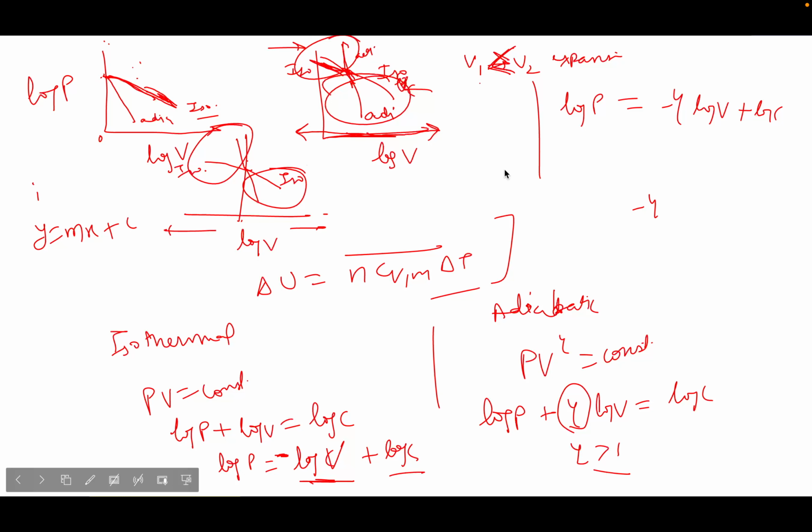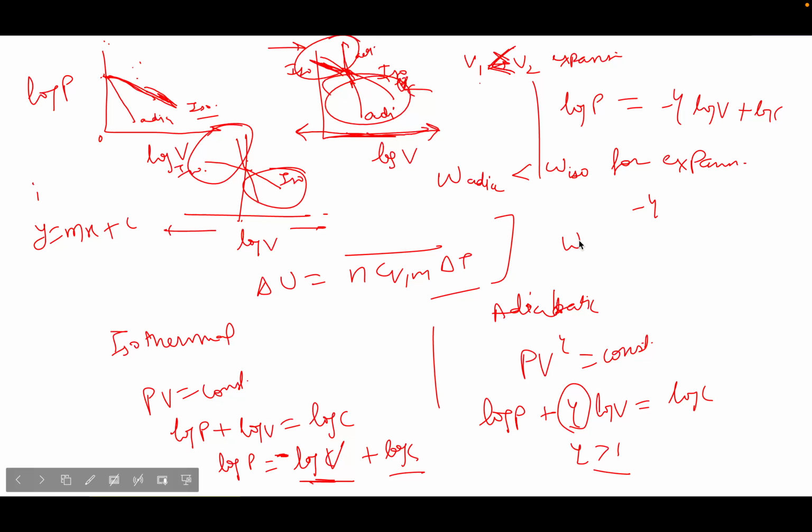So we can say that work done for adiabatic process is less than work done of iso for expansion. Work done of iso is greater, because we can see this from the PV slope.